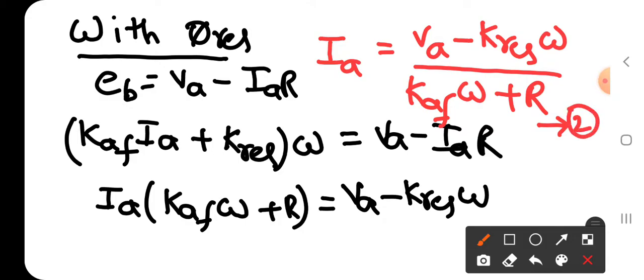Now from equation 1 and 2, what is equation 1? Torque tau is equal to K_AF into I_A squared. Now let us substitute the value of I_A here.